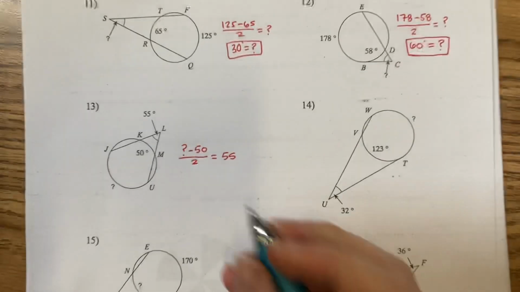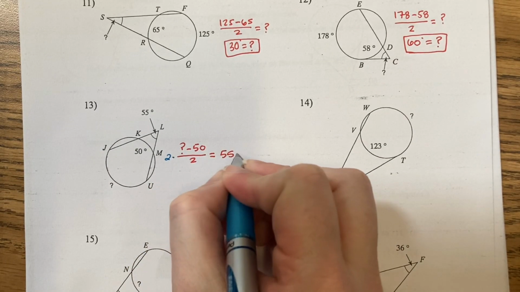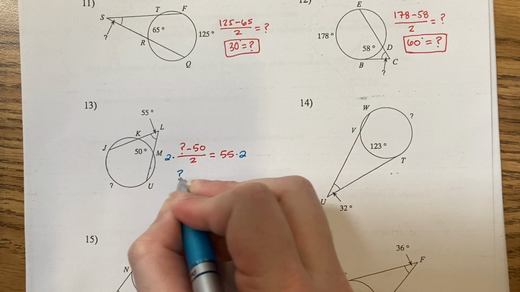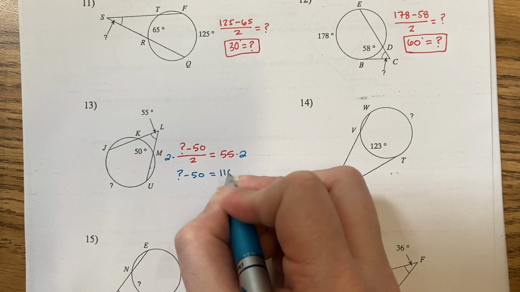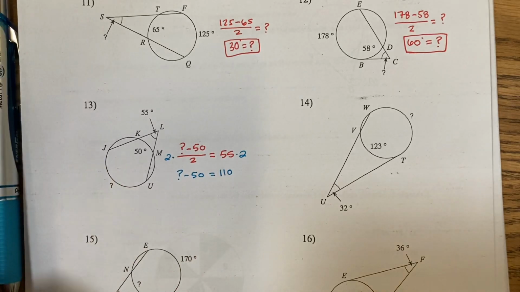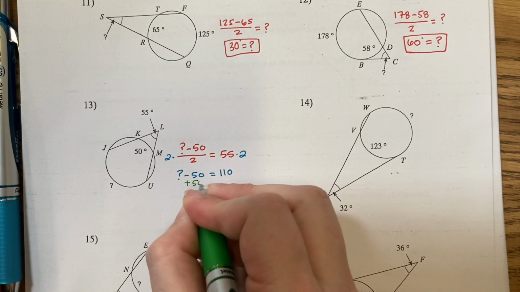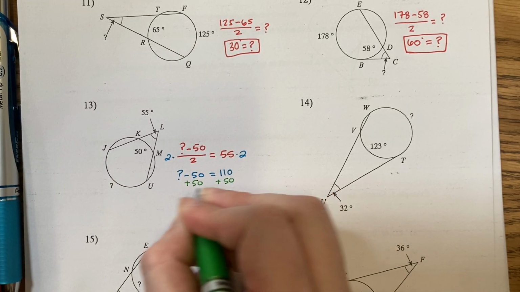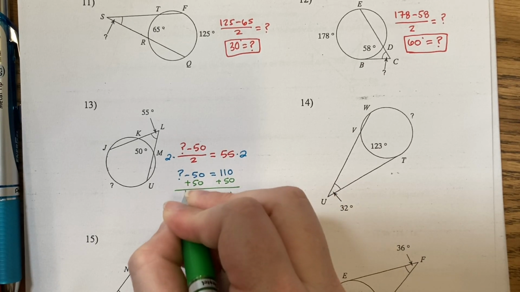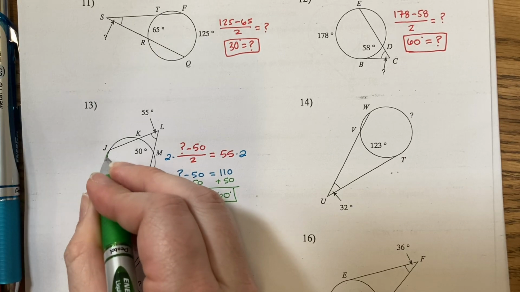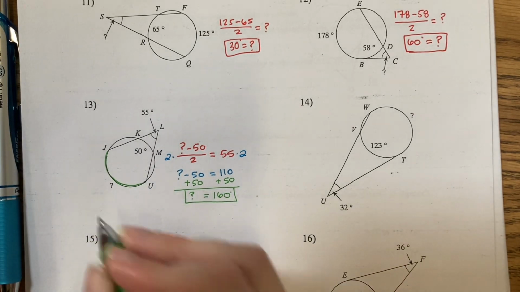I have to solve this one. Going to times it by 2. Then we add the 50. This arc should be 160 degrees.